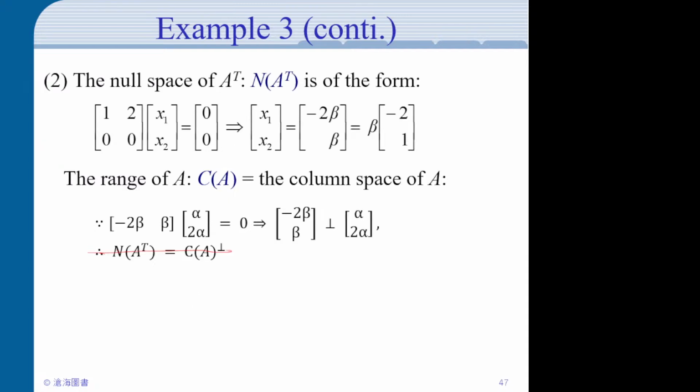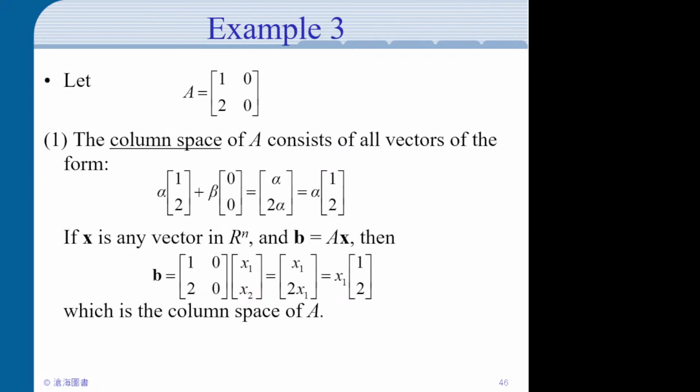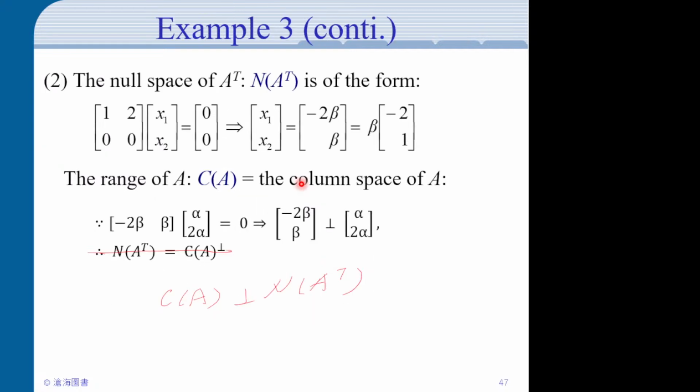So here we check that C(A) is orthogonal to N(A^T). That's just by taking the inner product of a vector of this form and a vector of this form. Alpha times (1, 2) inner product with beta times (-2, 1) is 0.